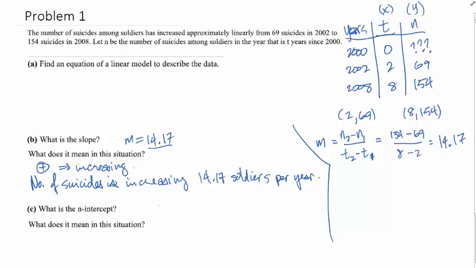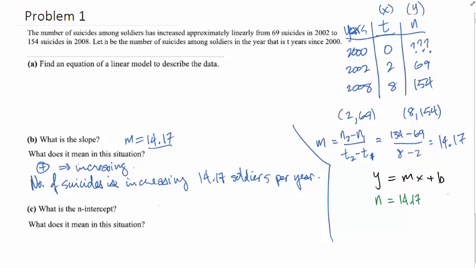Now let's find the n-intercept, and in doing so we can finally put down our answer for the equation of the line. Let me write it first as y is equal to mx plus b, and let's change our values appropriately, according to the different variables. So we have n is equal to, our m we found to be 14.17.